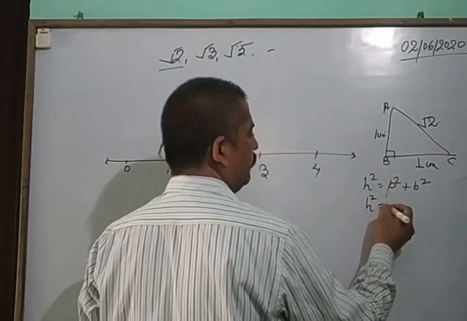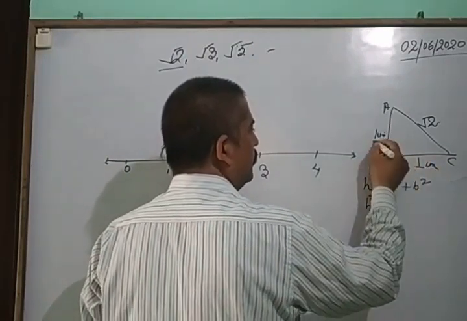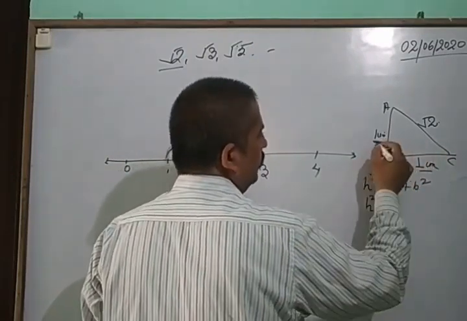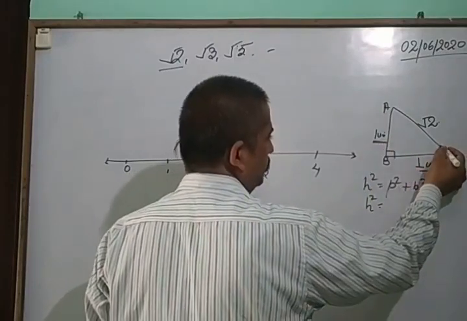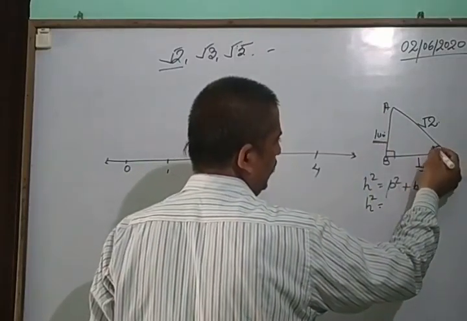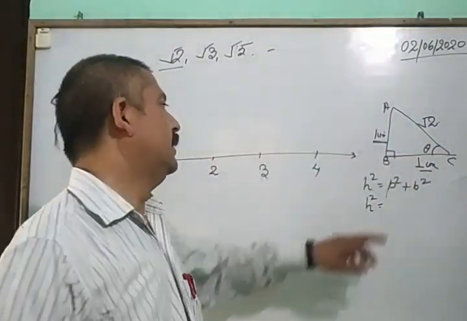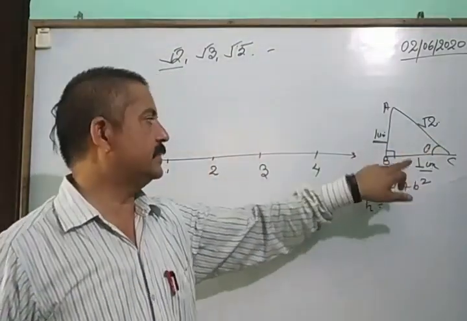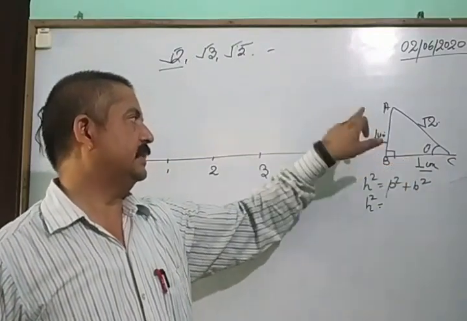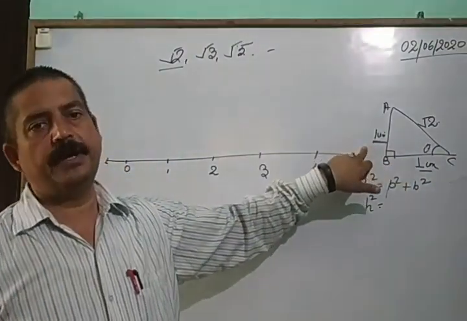If we use the acute angle, then BC is the base and AB is the perpendicular.